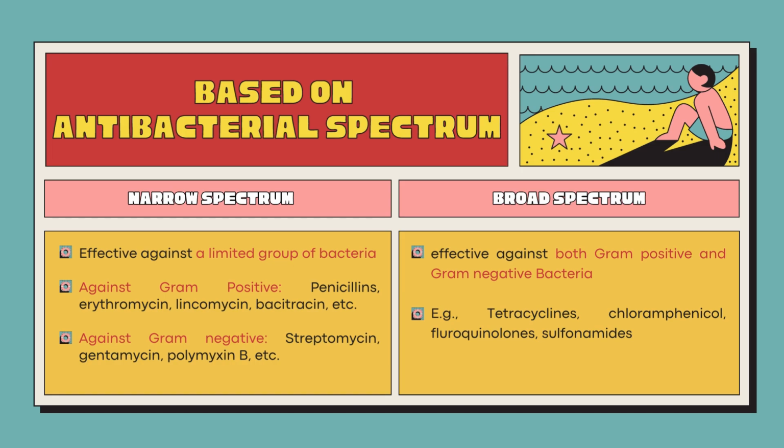Meanwhile, narrow spectrum against gram-negative includes streptomycin, gentamicin, polymyxin B, and more. In contrast, broad spectrum agents are effective against both gram-positive and gram-negative bacteria. Examples include tetracyclines, chloramphenicol, fluoroquinolones, sulfonamides, and more.